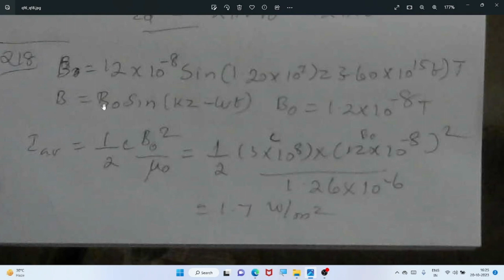If you match this with that, you will get B naught equal to this value. Then the average intensity I average is given using the velocity of light and this component. After that you will get this answer.